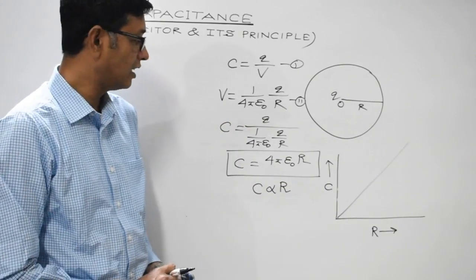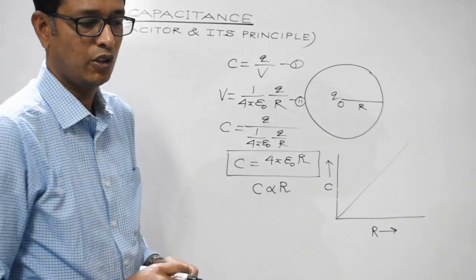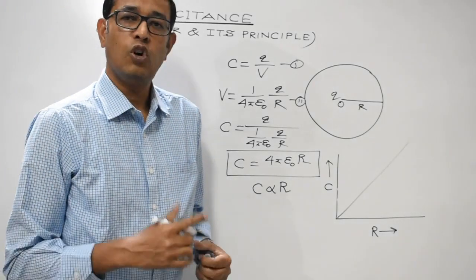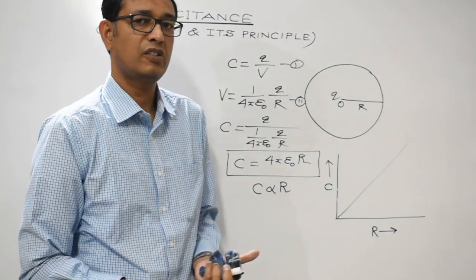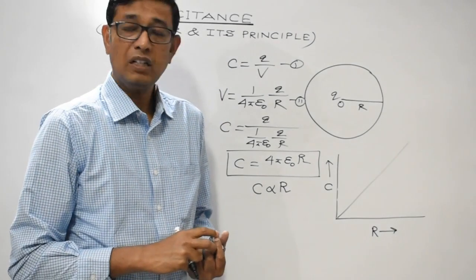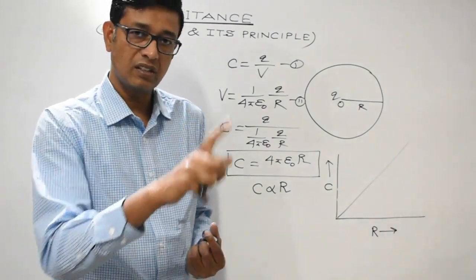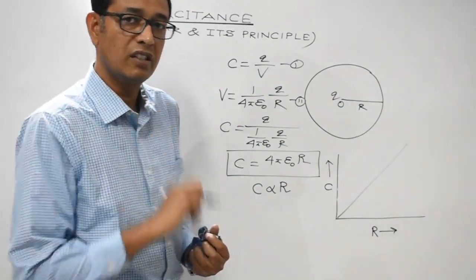Now, regarding the capacitance of Earth, you are aware, for all practical considerations, we consider Earth to be perfectly spherical. Actually, it is egg-shaped, ellipsoidal, isn't it? But for all practical considerations, we can consider it to be a sphere of radius 6400 km.